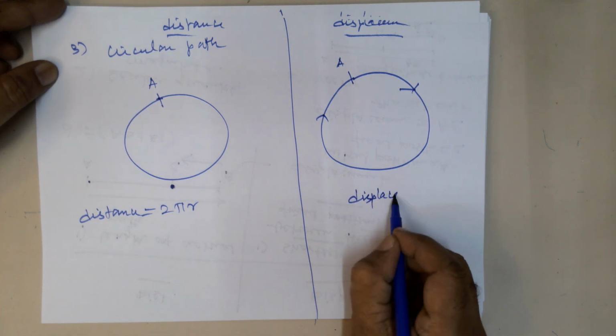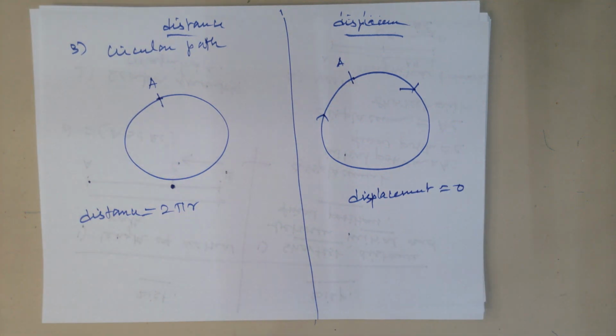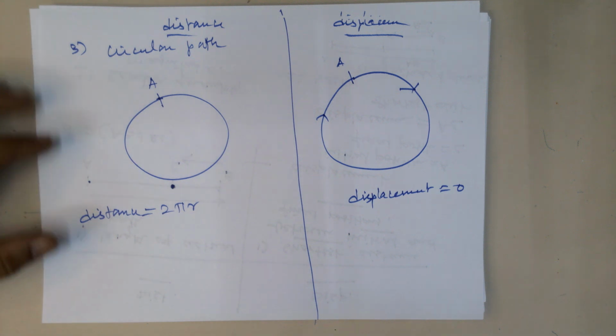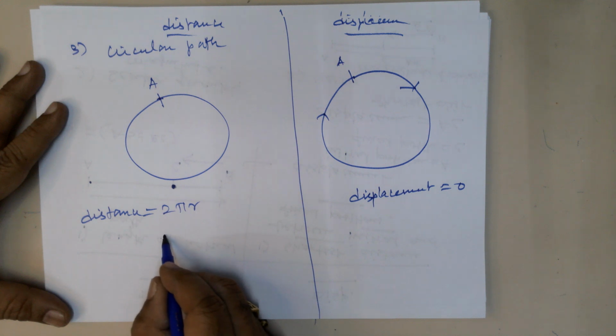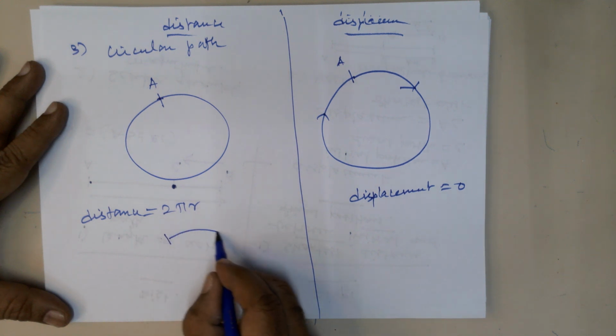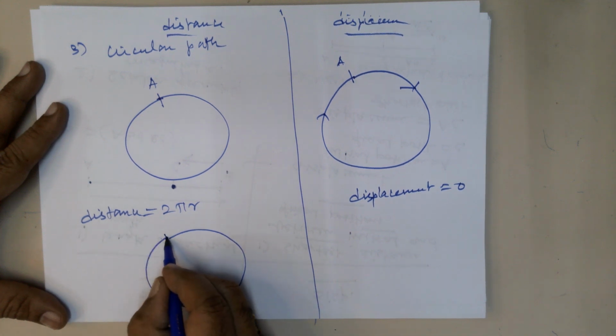Do you understand this? For example, let me consider another case. For instance, it starts from A in a circular path, travels like this, and goes one round.